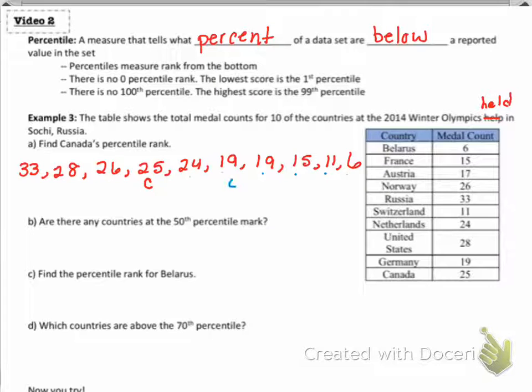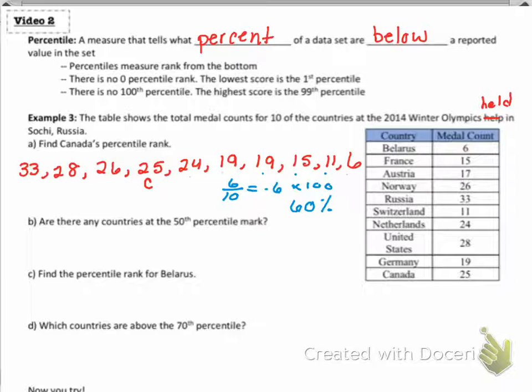So that's 6 out of the 10 that are here. If I divide that, that gives me 0.6, and then I multiply that by 100, that gives me 60%. So Canada scores in the 60th percentile.